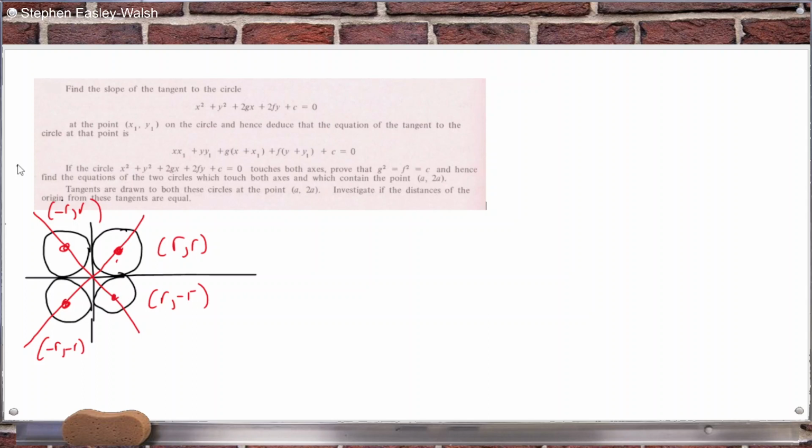Okay, let's have a think now. We can say that r squared is equal to g squared plus f squared minus c squared.